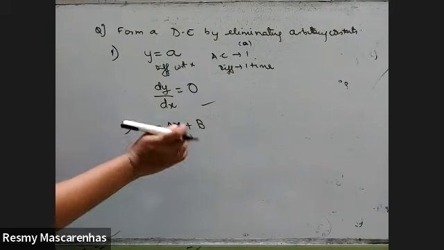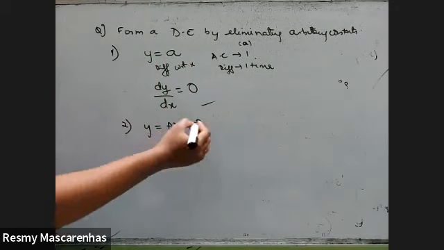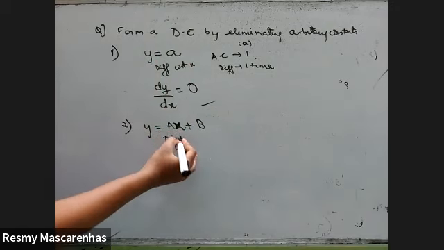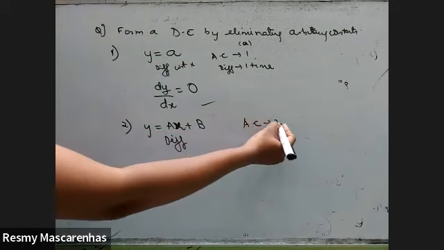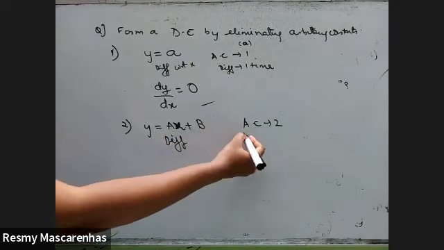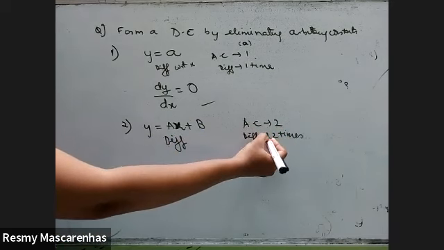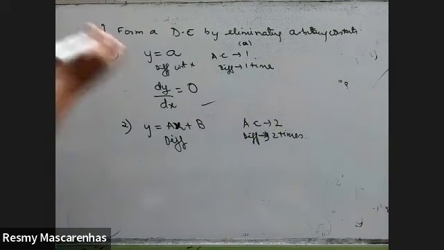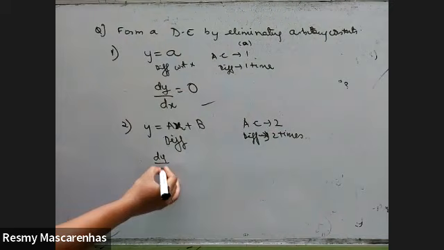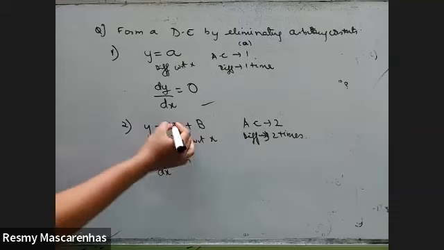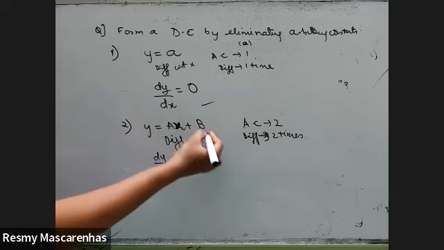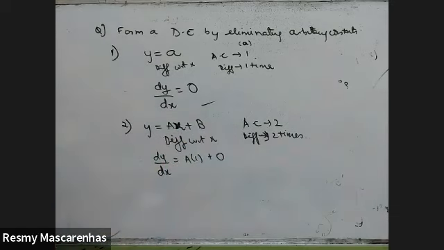I'll do my work. So the second one is y equals ax plus b. Now there are two arbitrary constants. So we have to differentiate it 2 times. When you differentiate, this will be dy by dx. The derivative of a is 1 and the derivative of b will be 0 because it is a constant.